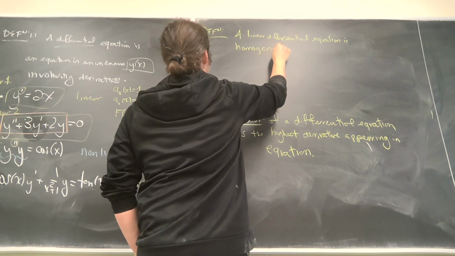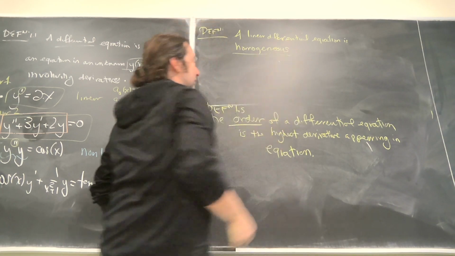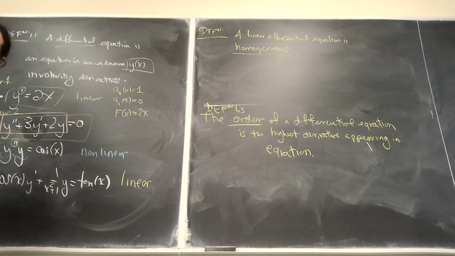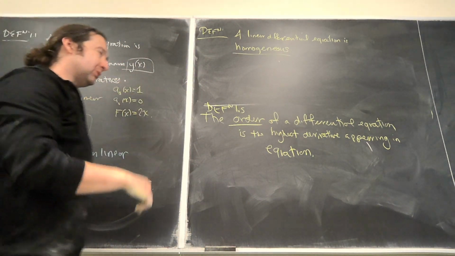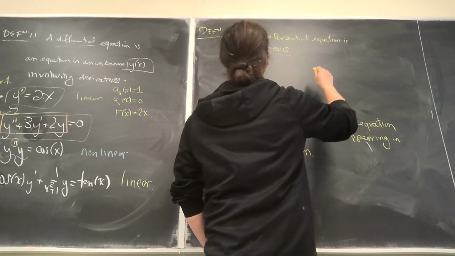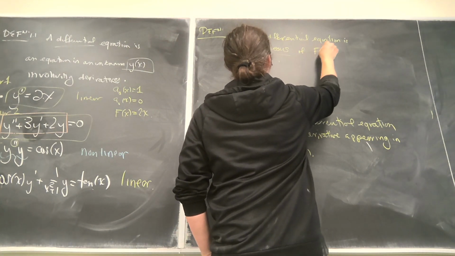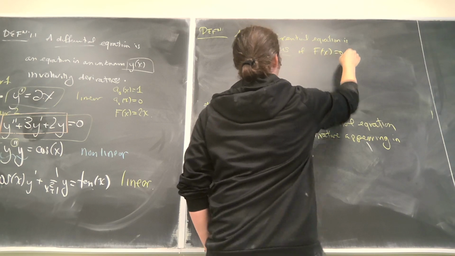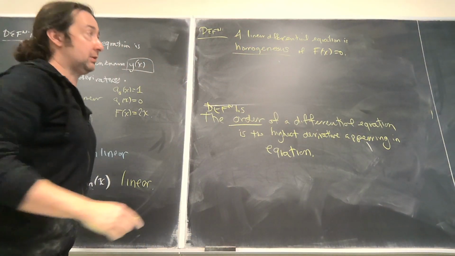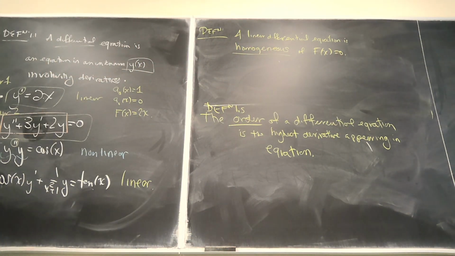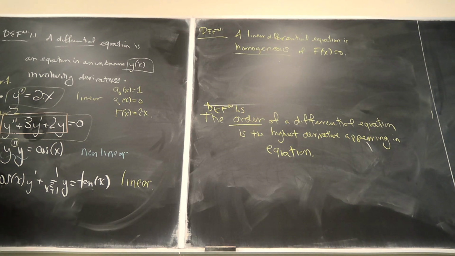And I know this is pronounced differently than the word homogeneous. I don't know why we decided to split those things, but mathematicians say homogeneous and some other fields say homogeneous. A linear differential equation is homogeneous if capital F of x is the 0 function. So that is to say, the function that occurs on the right-hand side is 0.